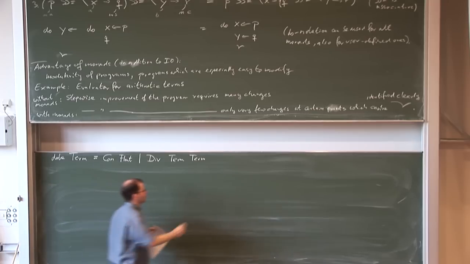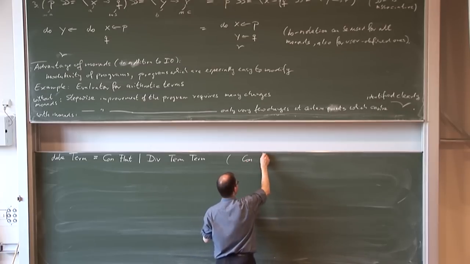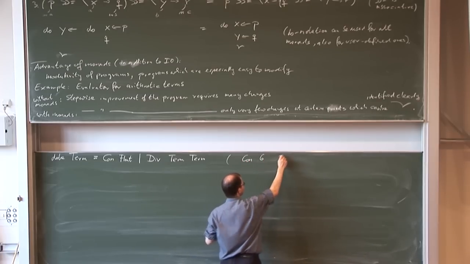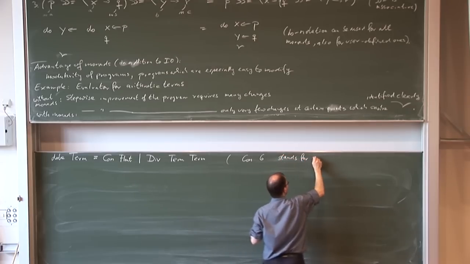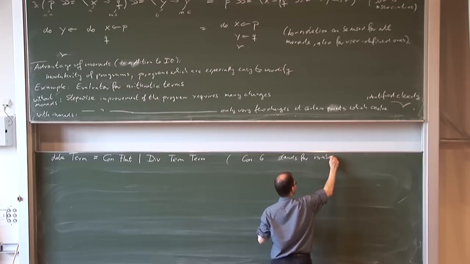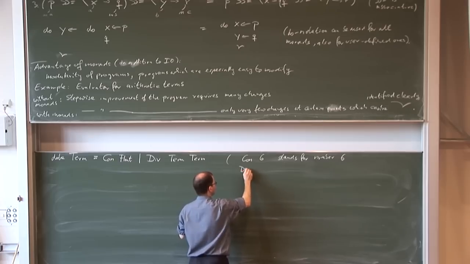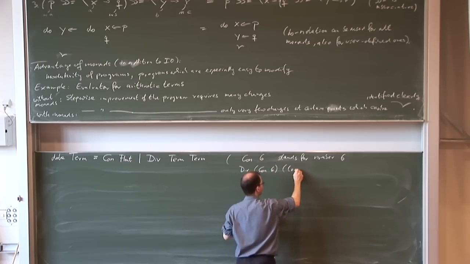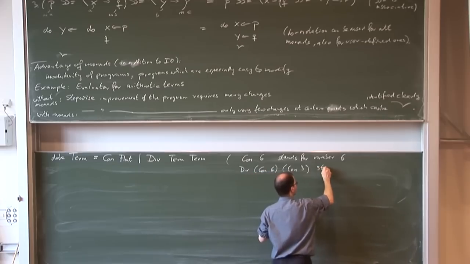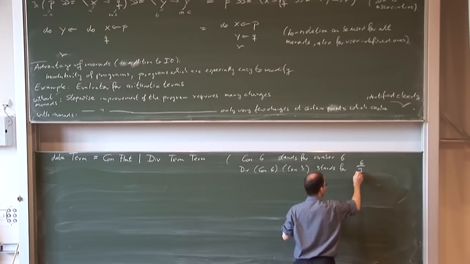So something like con 6, this term stands for the number 6. And if you write something like diff con 6 con 3, this stands for the arithmetic expression 6 divided by 3.